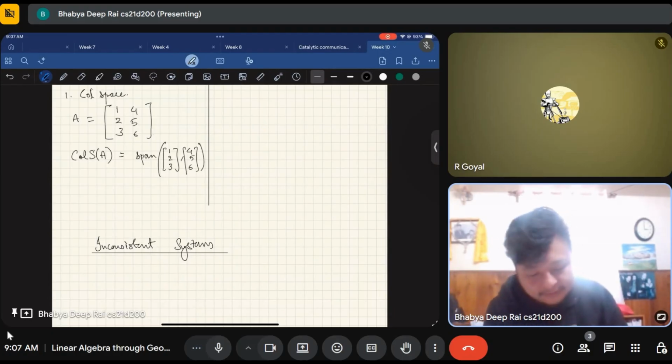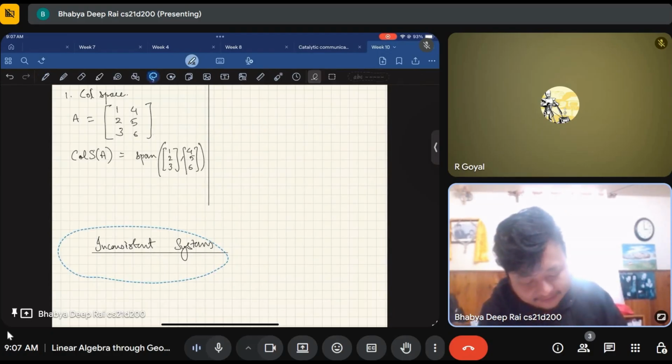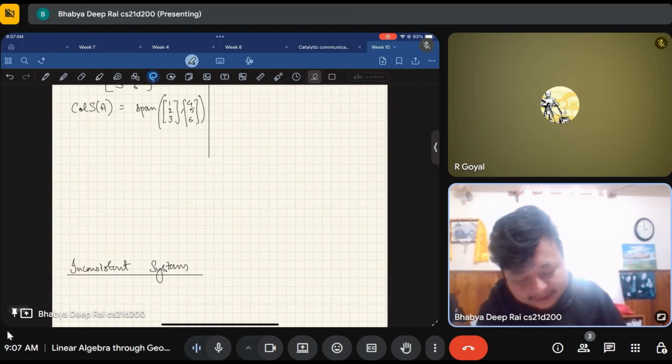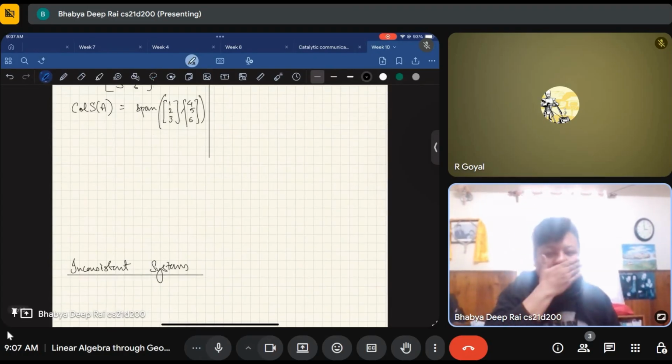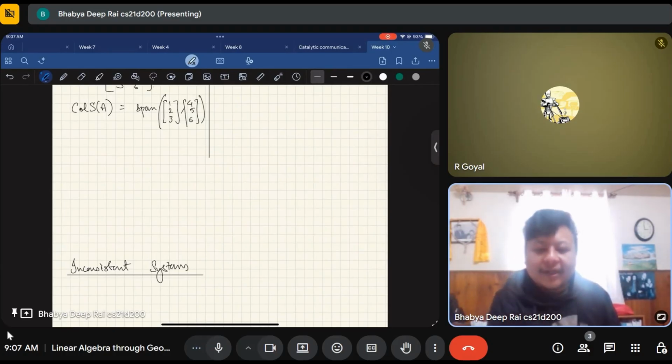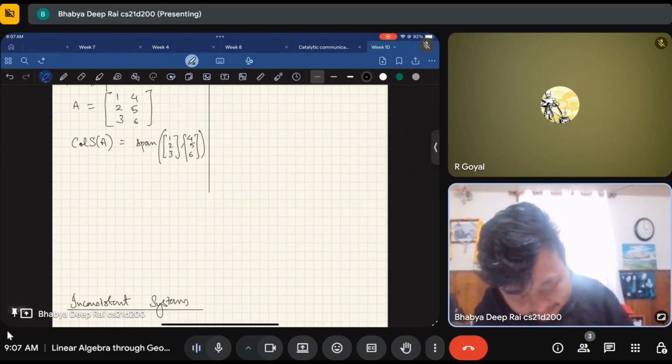Now why are we interested in column space? Everything that we are working on up till this point is mostly to deal with column space only, in the sense of solving a system of linear equations, right? How do we interpret Ax equals some b?